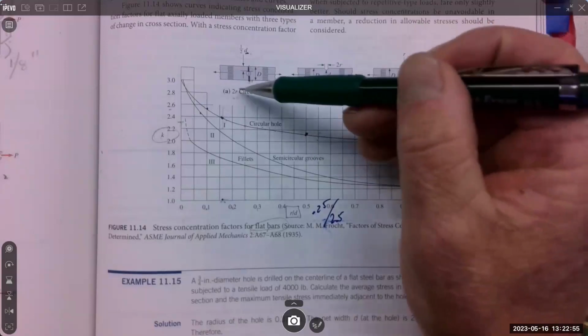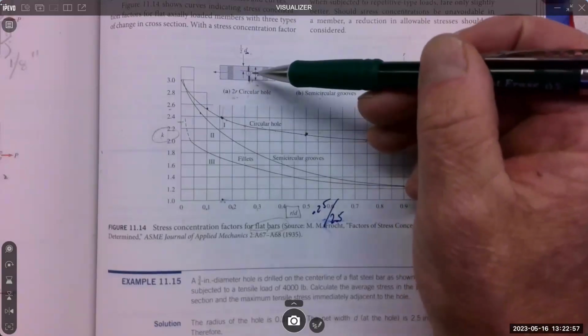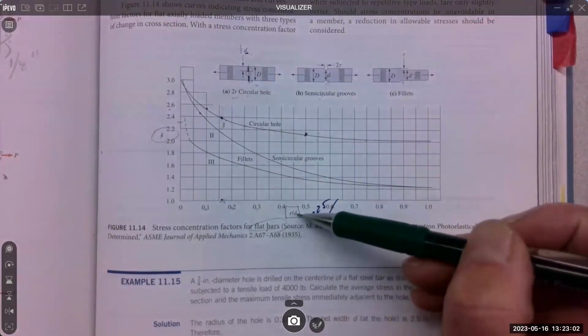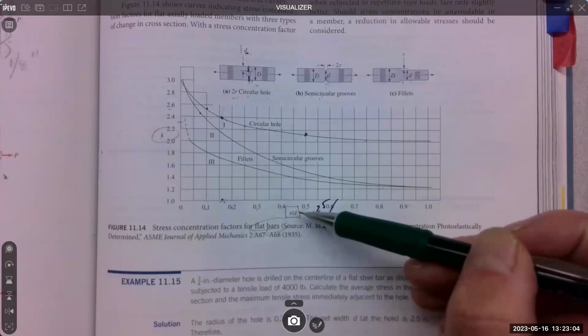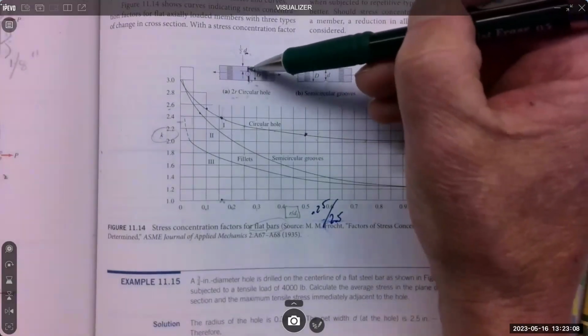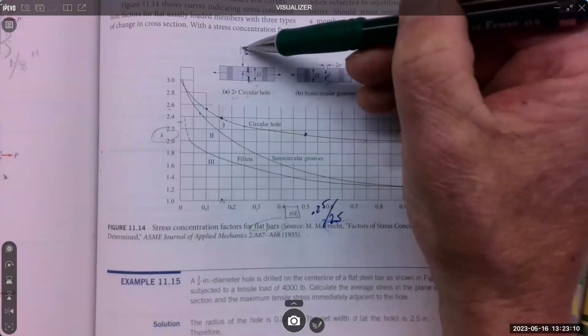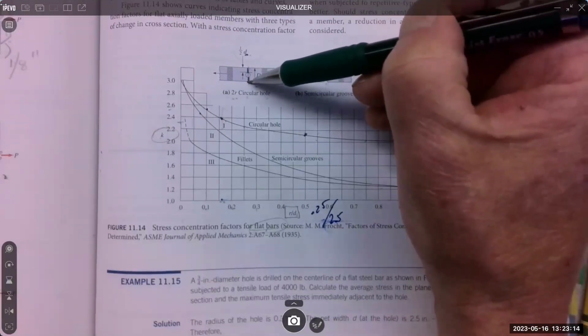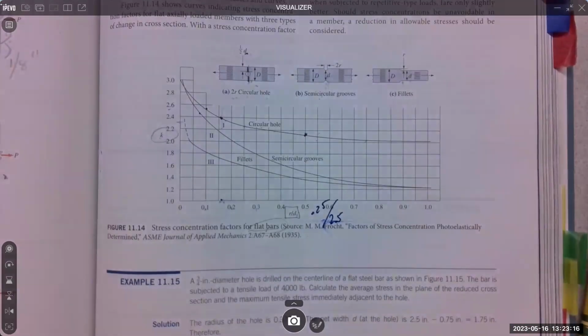So for the circular hole it's 2R, clearly the radius of the hole is what R is. And then D, little d, is the leftover material. So this is 1/2 D and this is 1/2 D. Just think of it as the leftover material length.